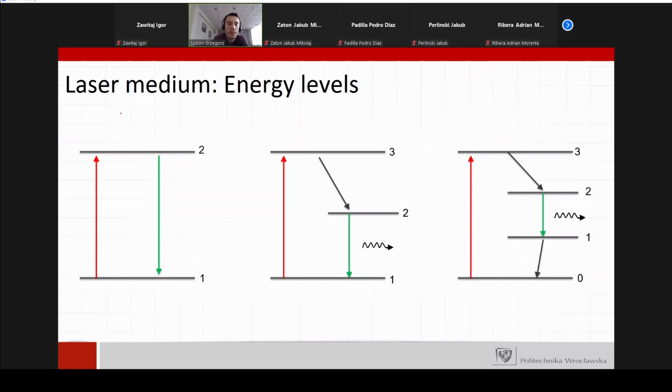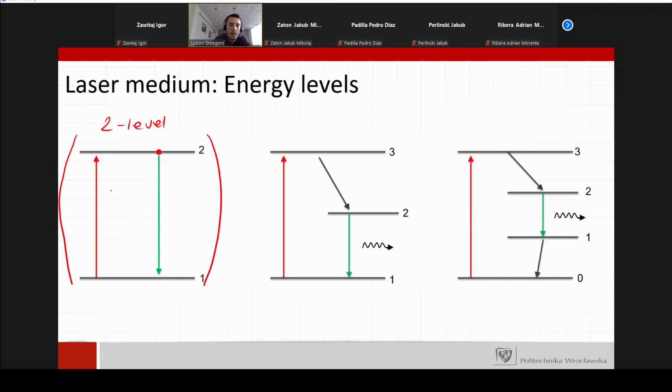So far we always considered this kind of situation where we have a two-level system, right? So we have a ground state and the upper state, and we assume that our photons are emitted from state 2 and the atom decays to state 1 and emits a photon.